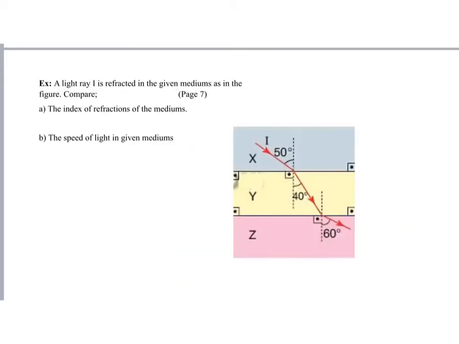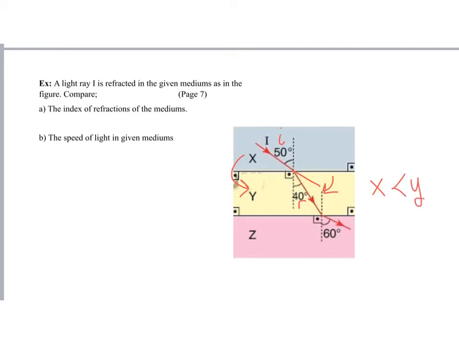A light ray is refracted in the given mediums as in the figure, so we are going to compare the index of refractions and the speed of light in the given mediums. Now let's look from x to y. The angle of incidence is 50 and angle of refraction is 40. So you see that the light is bent toward the normal, so the refractive index of x is smaller than y.